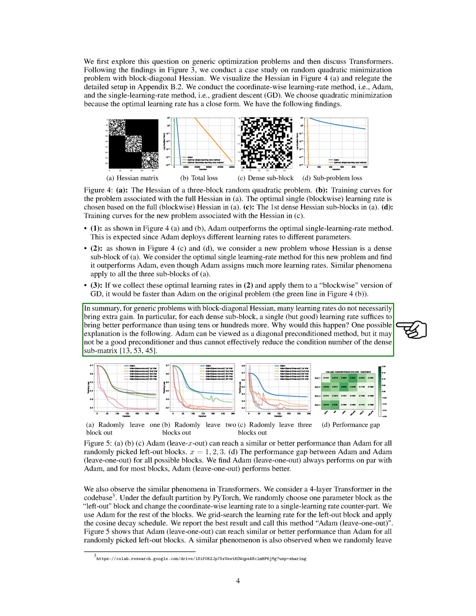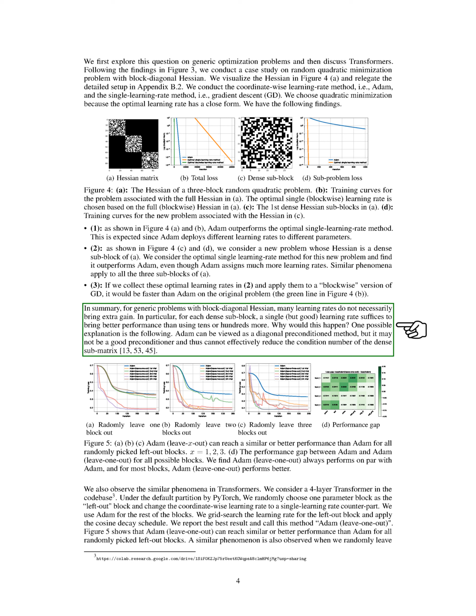This phenomenon suggests that for problems with block diagonal Hessian structures, employing numerous learning rates may not always yield superior results. In fact, a single well-chosen learning rate for dense sub-blocks can outperform a complex multi-rate approach. This observation hints at the limitations of Adam as a preconditioner for reducing the condition number of dense sub-matrices.